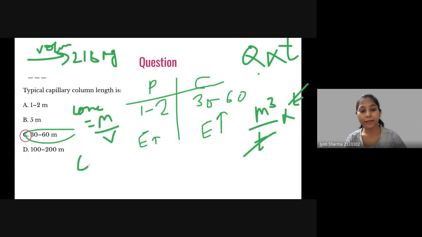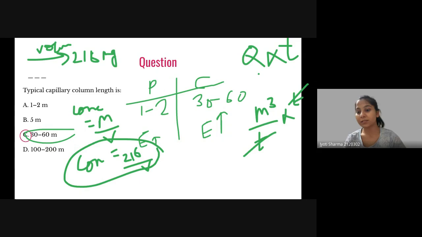So whenever you are getting any concentration, this will be 218 divided by volume. And how will we calculate the volume? The flow rate will be multiplied with the time, and that's how you will get the volume. So this is how you will get the concentration, right?